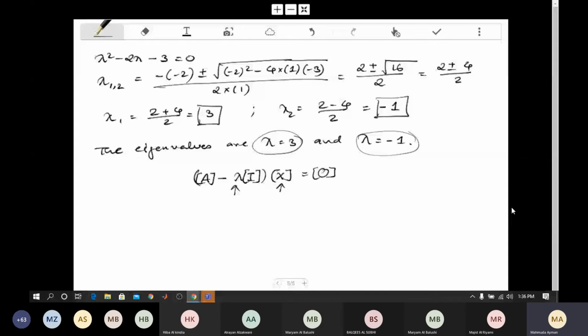Let me write that down. We will sometimes have to choose values for the components of the eigenvectors.